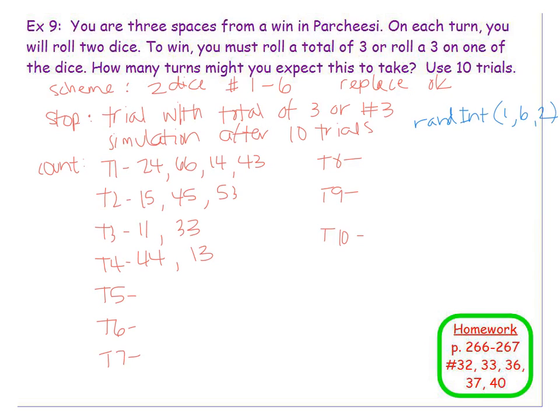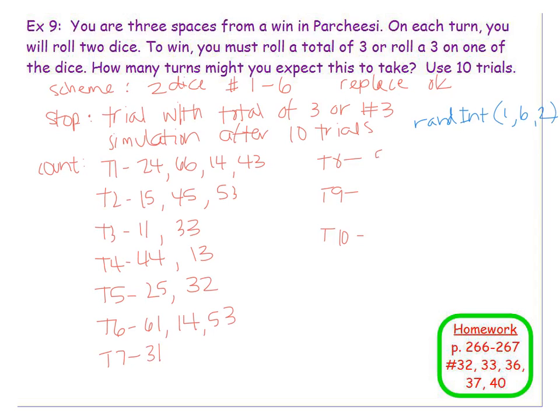We're good. Trial 5. 2, 5. No good. 3, 2. That one works. Trial 6. 6, 1. No good. 1, 4. No good. 5, 3. Good. Trial 7. 3, 1. Done on the first one, we win.